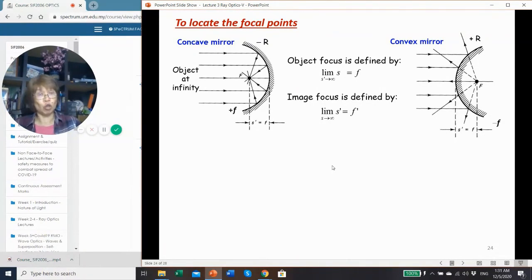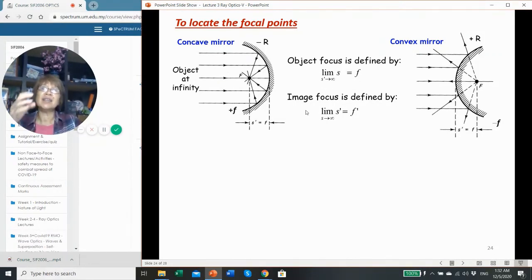That's one way I use to remember. Let's find the focal point. Now, for a concave mirror, the center of curvature is on the left side, R will be negative. So parallel rays from infinity will all fall on the focus point. To find the object focus, it is defined as taking the limit of S when the image distance is close to infinity, and you get the focal point.